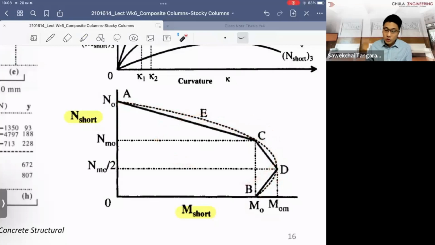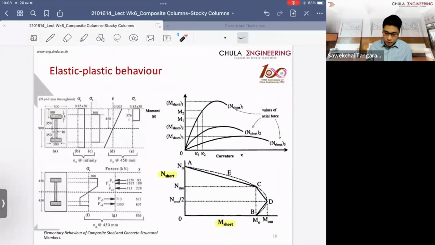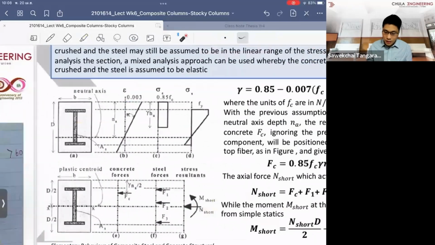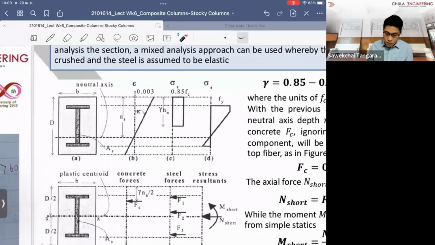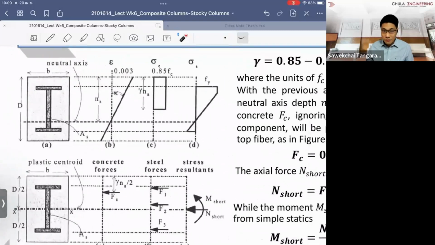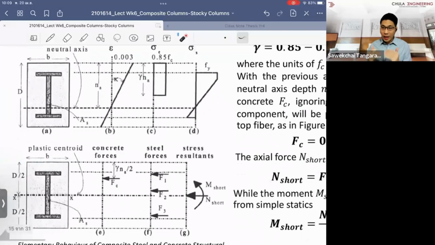The first one, if you want to make it more precise, you have to run the concept called elastic plastic behavior, right? Let me explain what that means. If you want to use the concept of elastic and plastic behavior, you have to keep changing or varying the level of the plastic neutral axis.